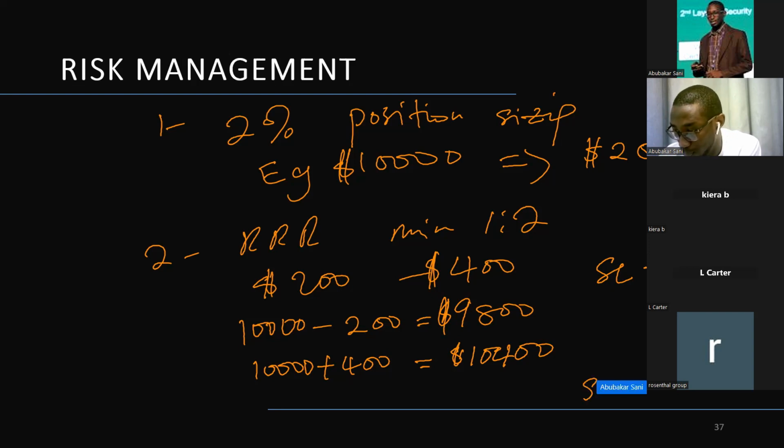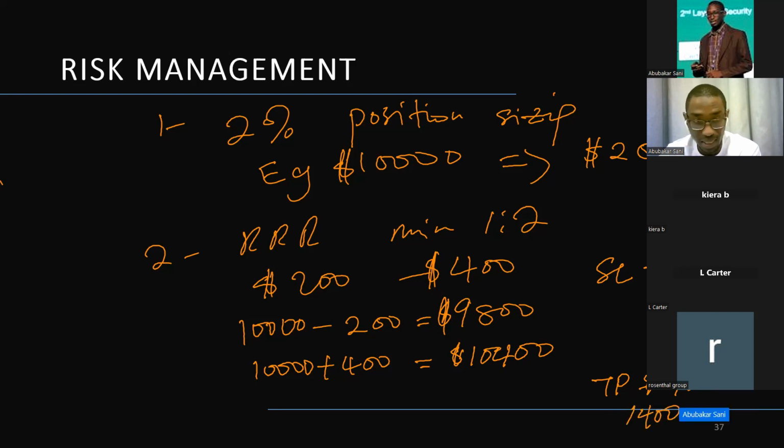And then my take profit will be $400 above or below the entry, depending on whether I'm going long or going short. So if Tesla is 1,000 by the time I purchase it, I'm hoping to sell it when it reaches 1,400.